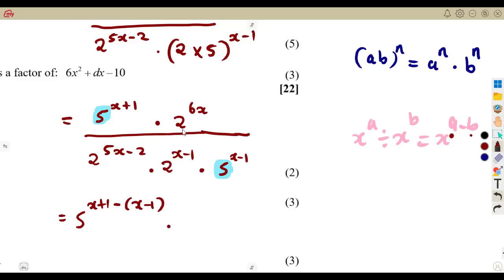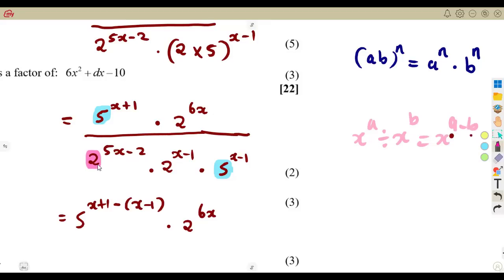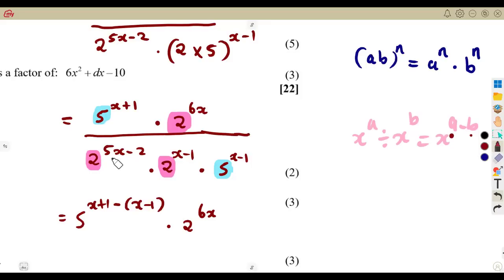The same thing on the base of 2. There's a 2 that is being raised to the exponent of 6x. But we can see that there's also another 2 that we are having here, this 2 that we are also having, and another 2 there. So considering that we are subtracting, we are going to subtract 5x minus 2.